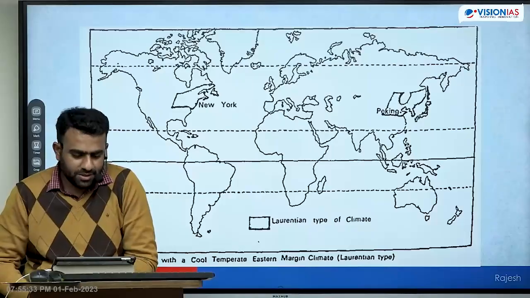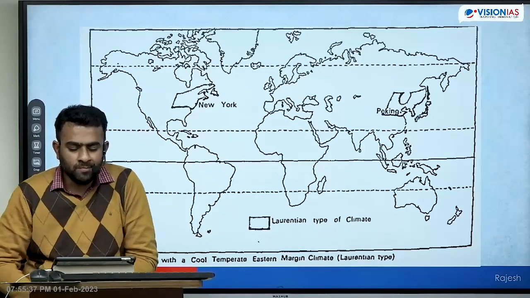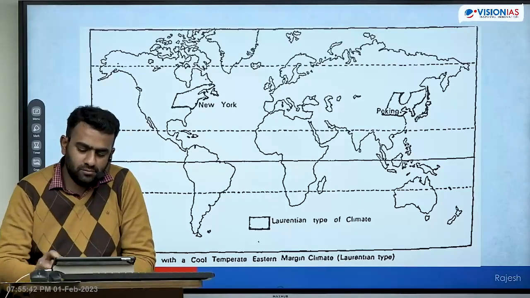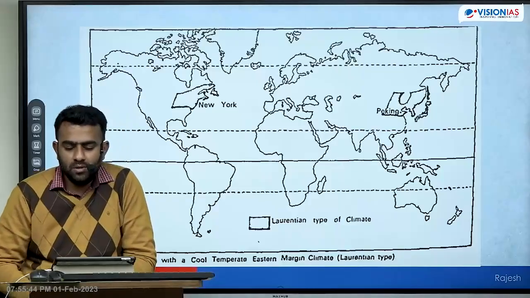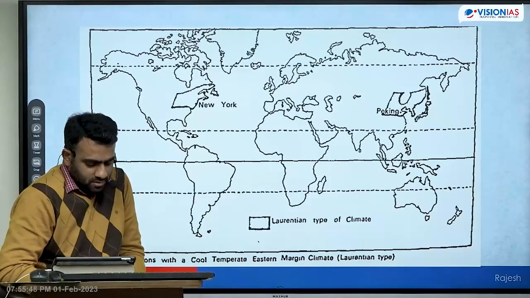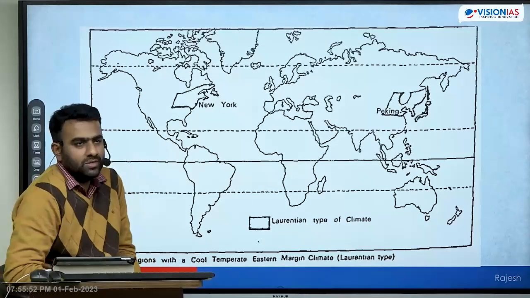ठीक है. Temperature ranges between 20 degrees in summers to below 0 degrees in winters.